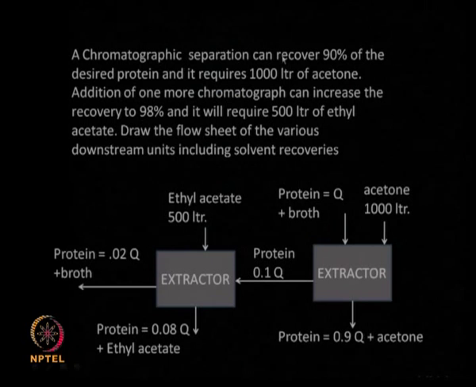If the solvent is lighter, then it remains at the top with the solute and your mother liquor goes down, and then after the layer separation takes place you can separate both the layers. So they are called mixer settlers. So you mix the solvent and then you let it settle and separate the two layers, that is how the mixer settlers work. So you have two extractors.